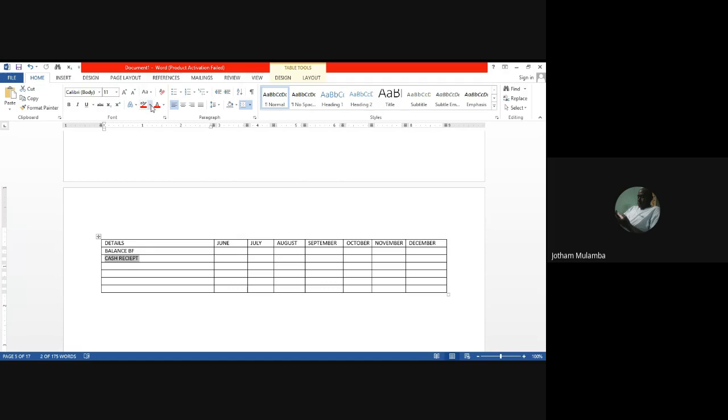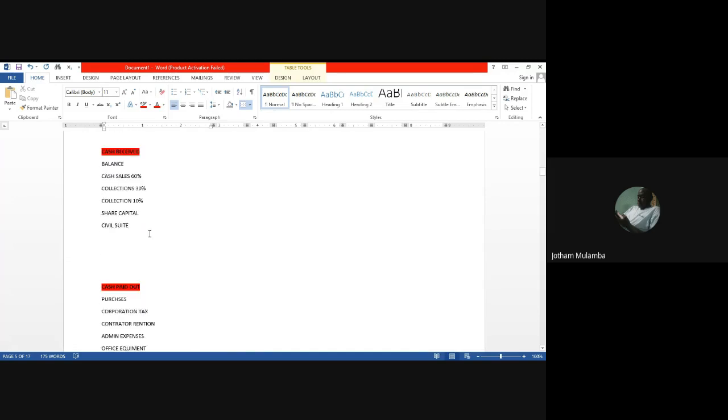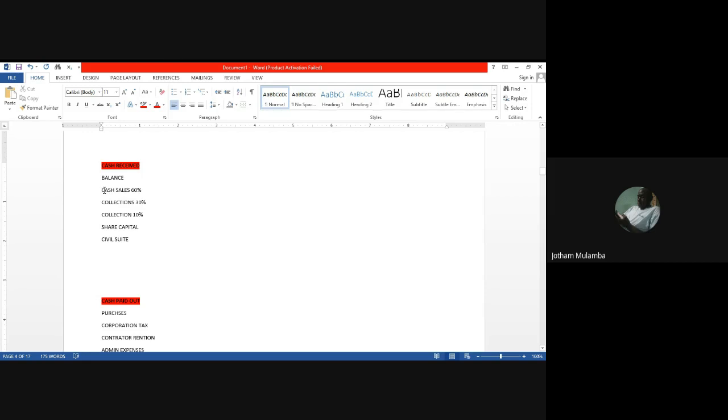For me, I will change the color. Then under cash receipts, we had identified them. We had cash sales 60%.